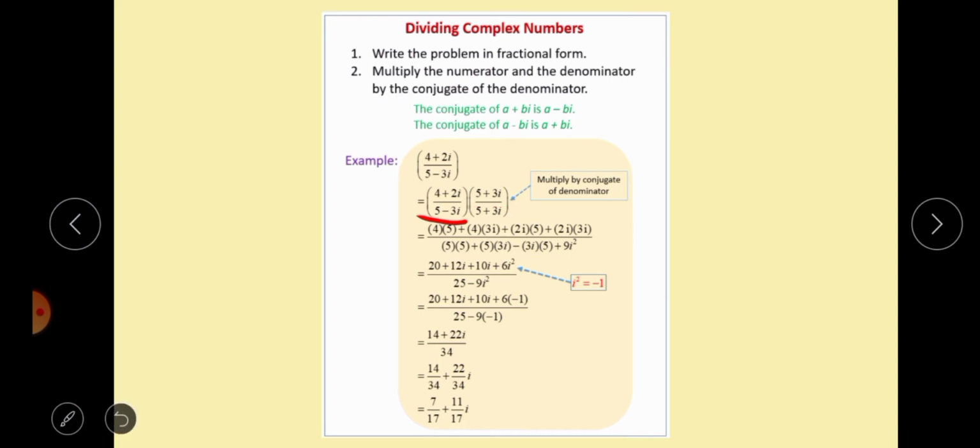So the quantity of 4 plus 2i over 5 minus 3i times the quantity of 5 plus 3i over 5 plus 3i. Then we have to use the FOIL method, the first, outer, inner, and last. So 4 times 5, 4 times 3i, 2i times 5, 2i times 3i. Then let's do the same in the denominator. 5 times 5, 5 times 3i, negative 3i times 5, and negative 3i times 3i.